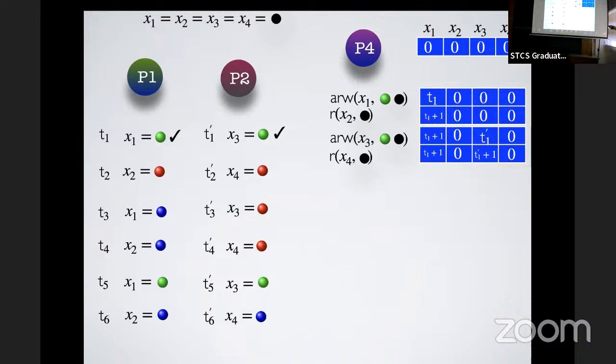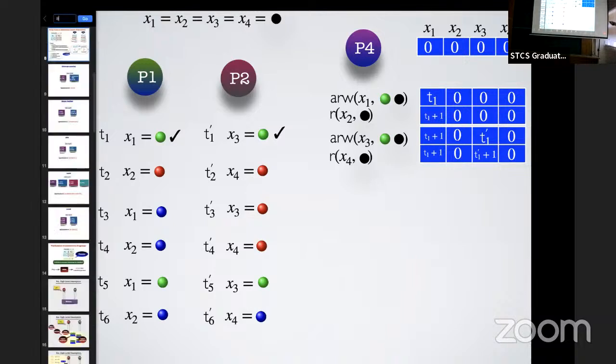And now when I say read x4 black, what is my timestamp of x4? T4 prime. Do I have a black which is possible to be read from? The only black I know is here, whose timestamp is 0, which means that if I cheated by going down, I would have died here. I would not be able to read x4 black. So this is how we can stop the initial cheating.